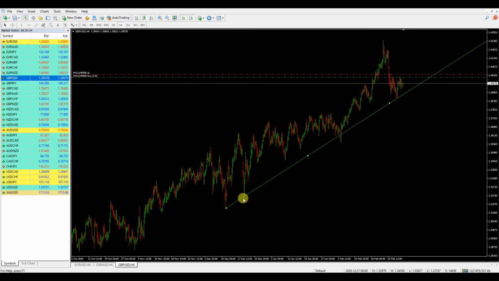So guys, these were the fake breakouts. The market respected the trend line, and we can take trades over here. We can take buy trades over here. We're going to take the second trend line, and we're going to see where the market is consolidating.